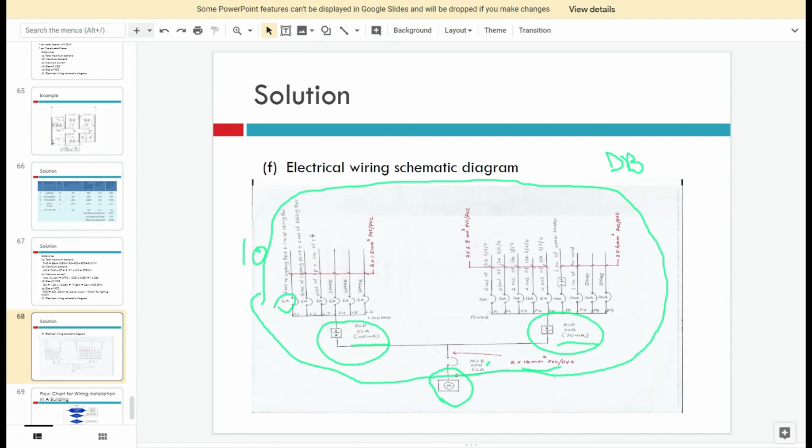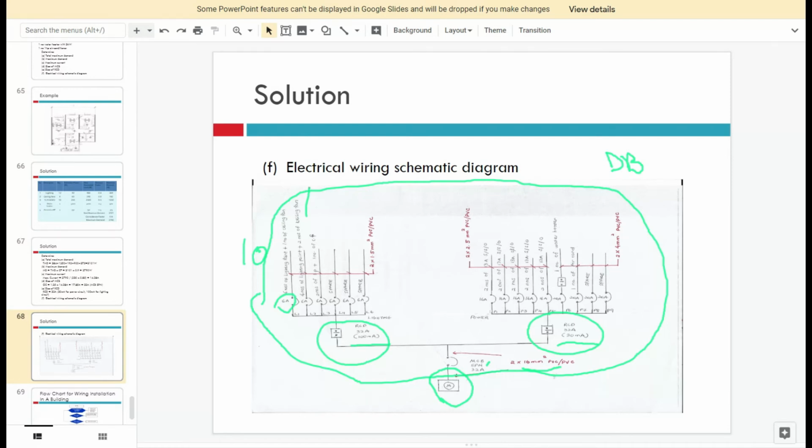So for this question, for the first circuit, we use 6 lighting points plus 1 ceiling fan. The second one is 4 lighting points plus 2 ceiling fans, equivalent to 6 electrical appliances.